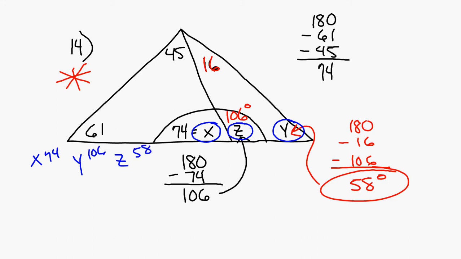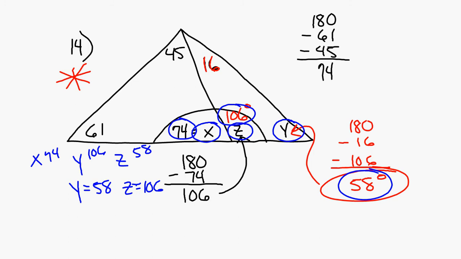That's like answer choice A. A bunch of people pick that because they see the 74, the 106, and the 58. But that's not the correct order, is it? The X is your 74, the Y is equal to the 58, and the Z is equal to the 106.